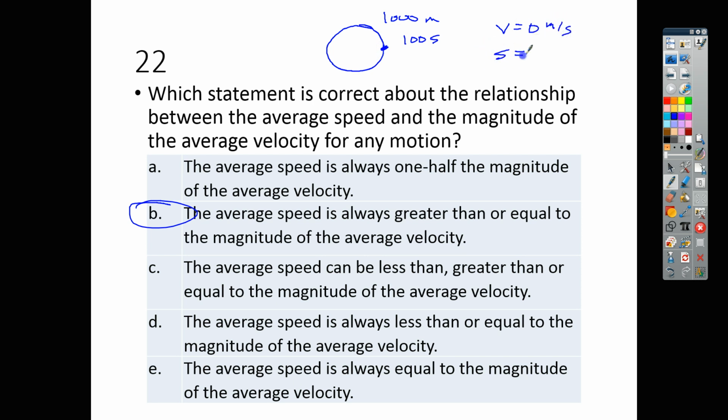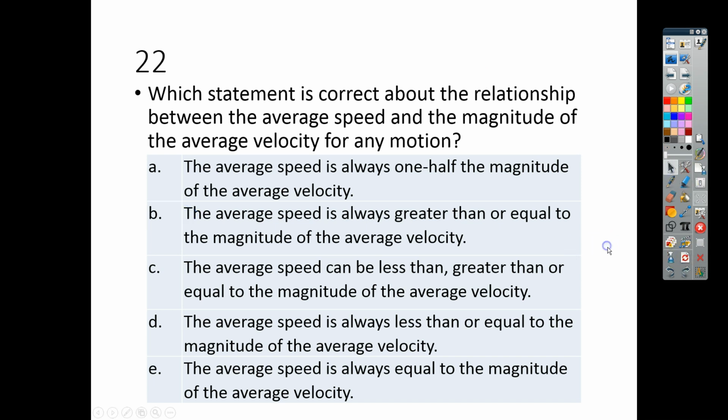But our average speed would be equal to the distance, which is 1,000 meters, divided by the time, and that would be 10 meters per second. So big difference there. If it's equal to, then we know that you're just going from one place to the other, and the distance and the displacement would be the same, which means that the speed from point A to point B would also be the same.